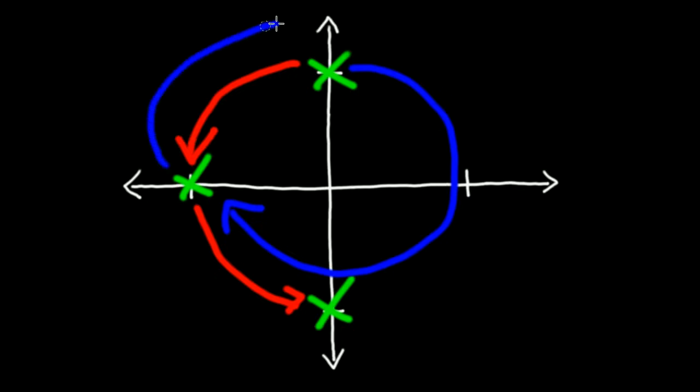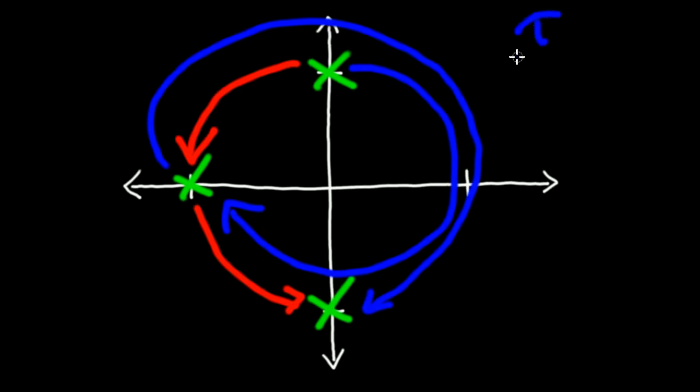Or we could say that it progressed negative 3/4 of a turn, and then from there it progressed negative 3/4 of a turn. So the frequency could be thought of as tau over 4, or it could be thought of as negative 3/4 tau. But guess what? It could have gone even further.